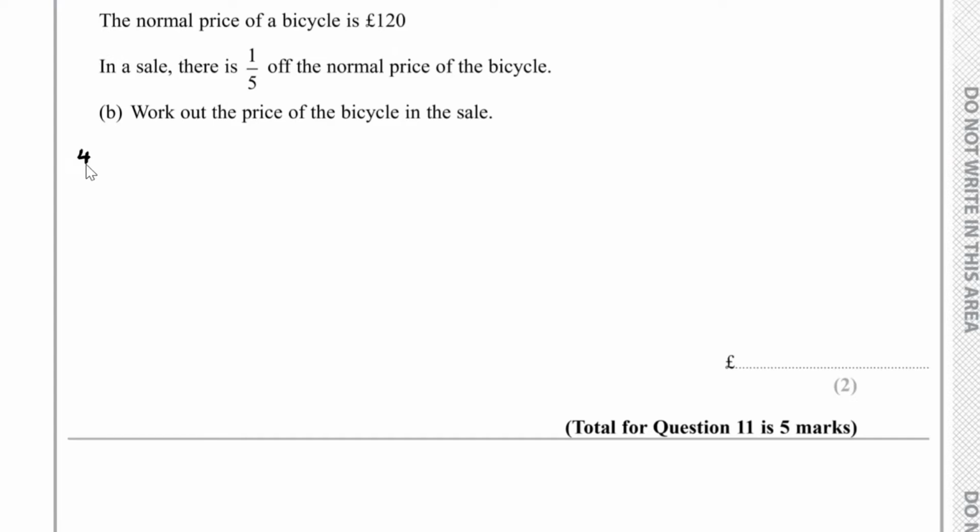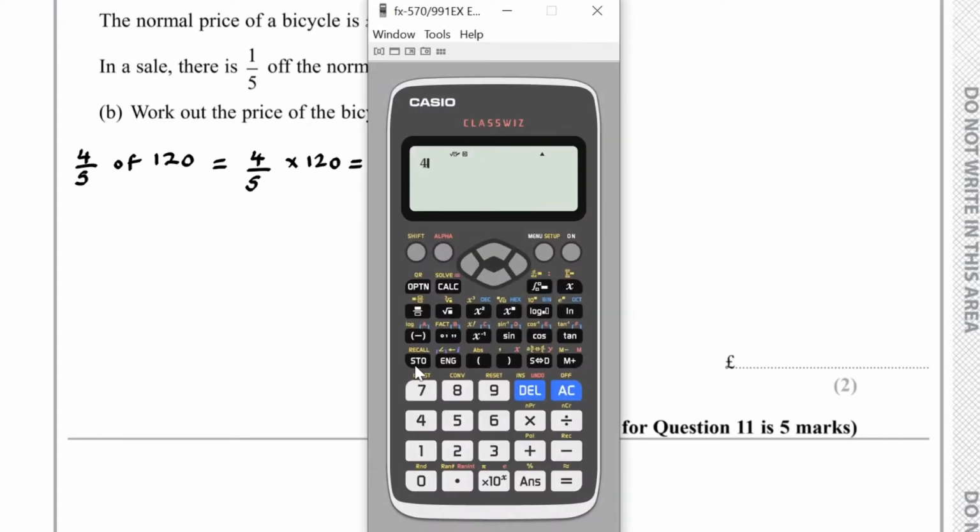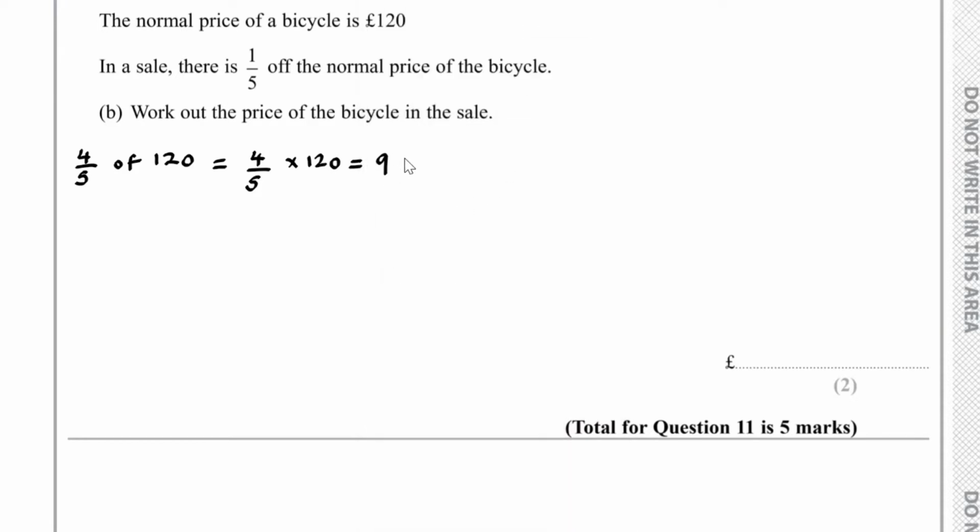So the new price is 4/5 multiplied by 120, which is 96. So the cost now is £96.